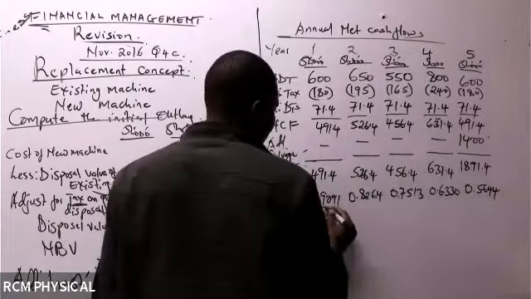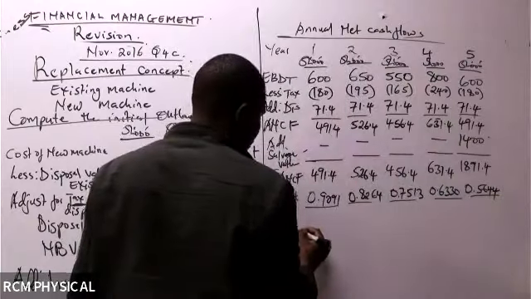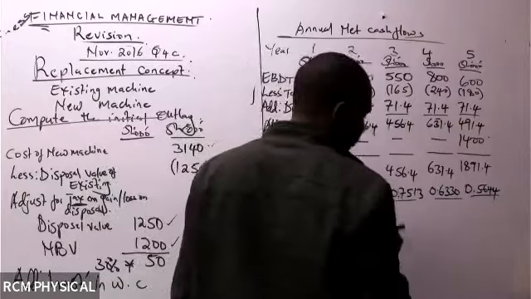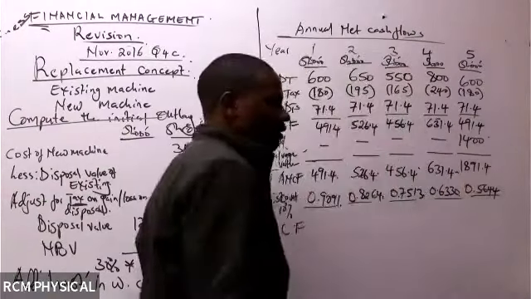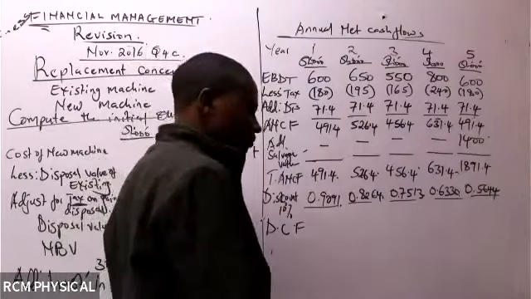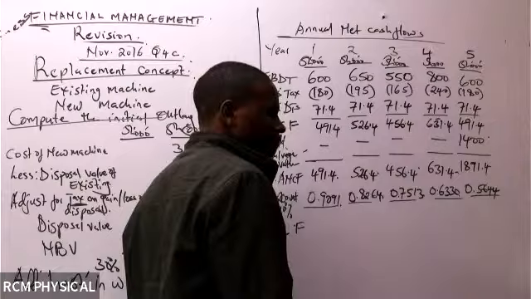And then we get the total of the discounted cash flow. Discounted cash flow, for year one, you got it.